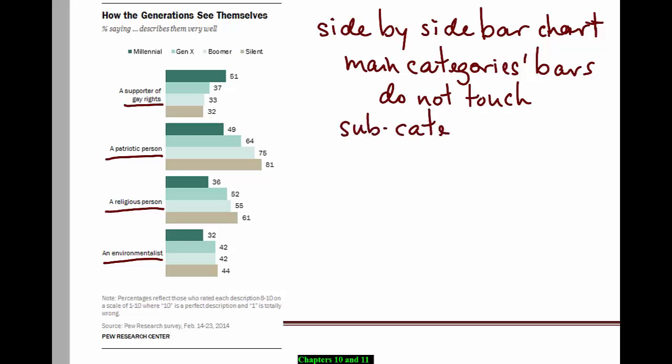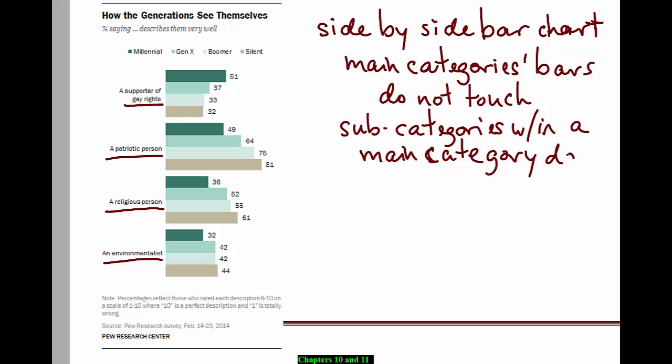But the subcategories within a main category do touch. So that's another way to get a little more detail in a bar chart, a side-by-side bar chart.